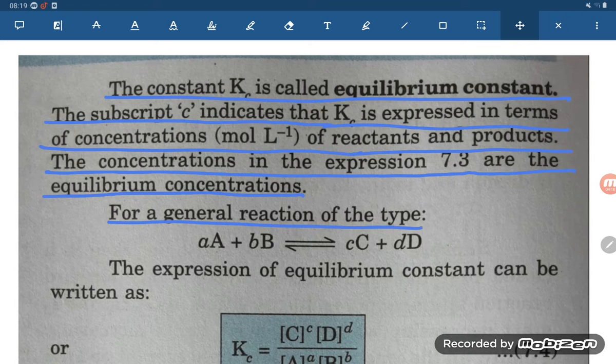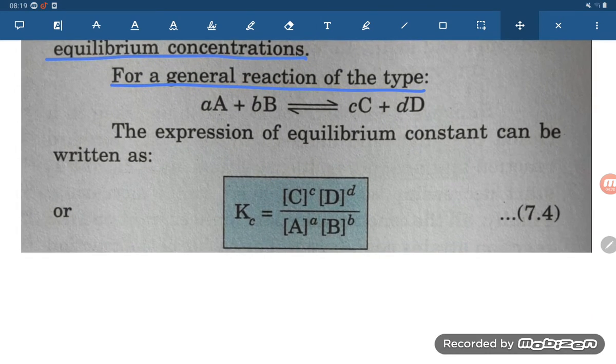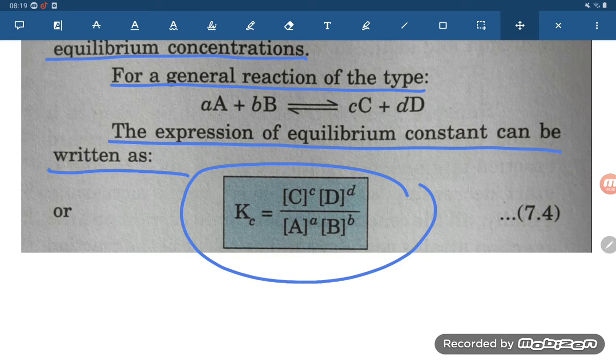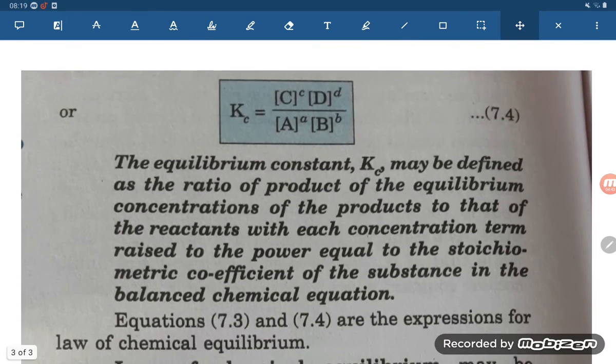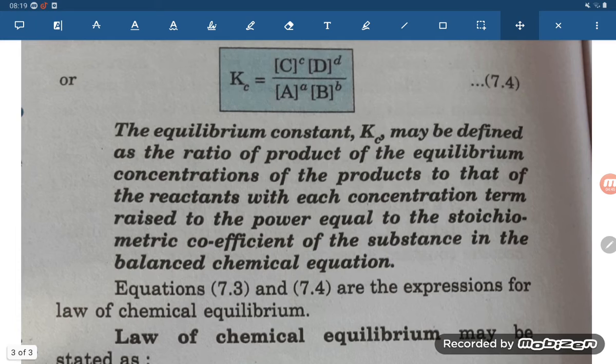For a general reaction, a moles of A plus b moles of B giving c moles of C and d moles of D in the reversible process, the expression for the equilibrium constant can be written as Kc equal to [C] power c, [D] power d upon [A] power a and [B] power b. This is our answer.